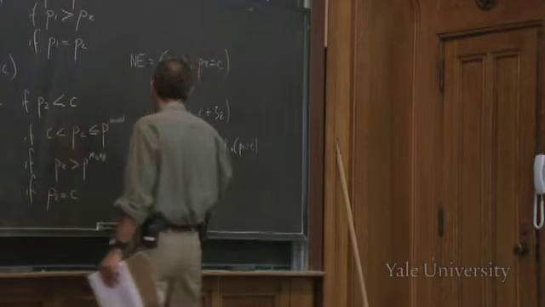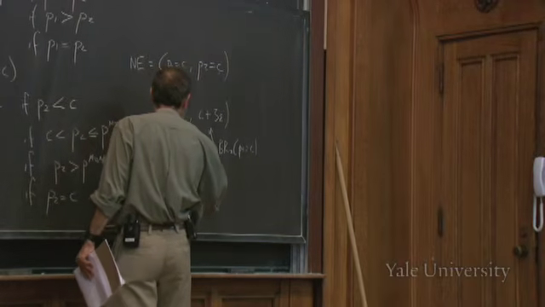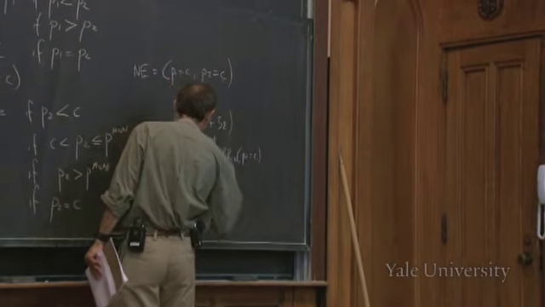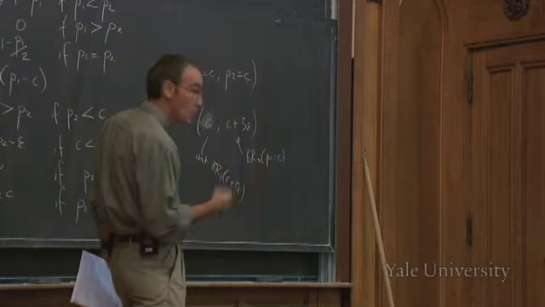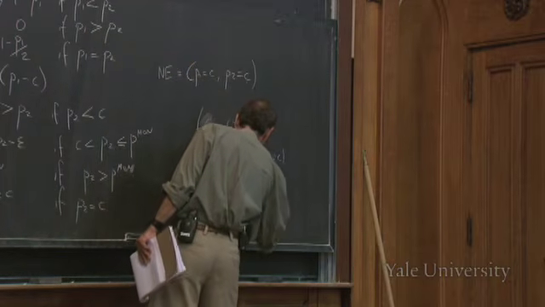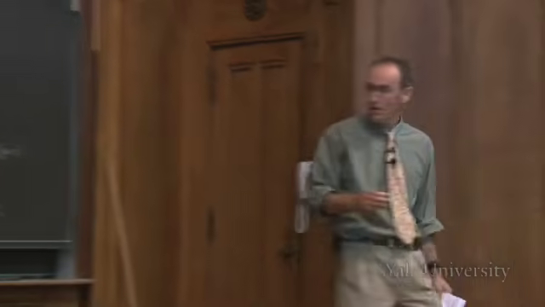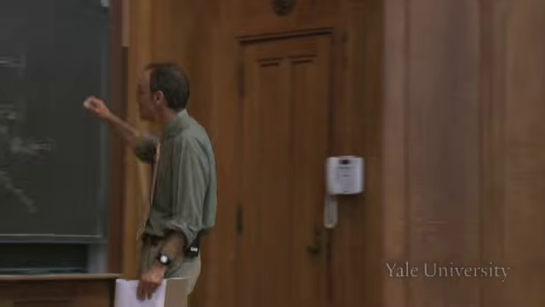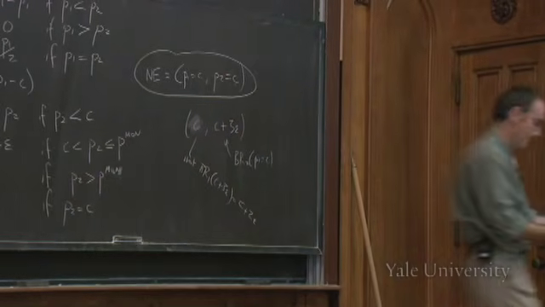This is not a best response for firm 1, because the best response, if firm 2 is charging C plus 3 little bits, is to price at C plus 2 little bits. Thank you. So it turns out it's pretty easy to check that this is the only Nash equilibrium in the game.